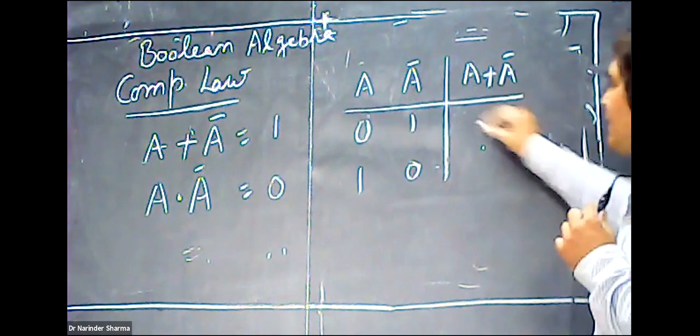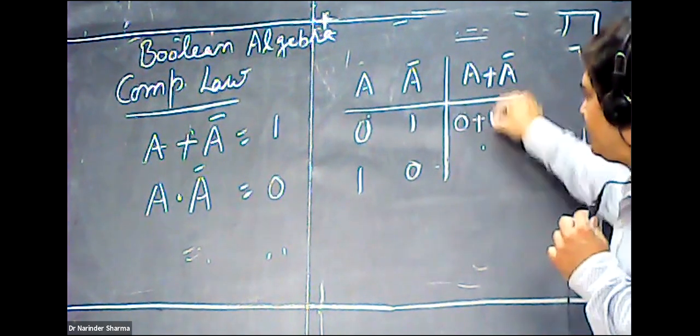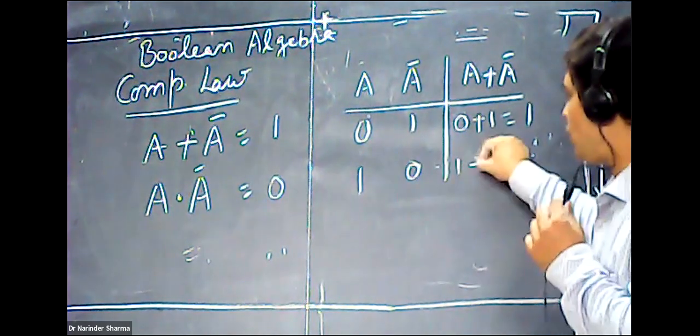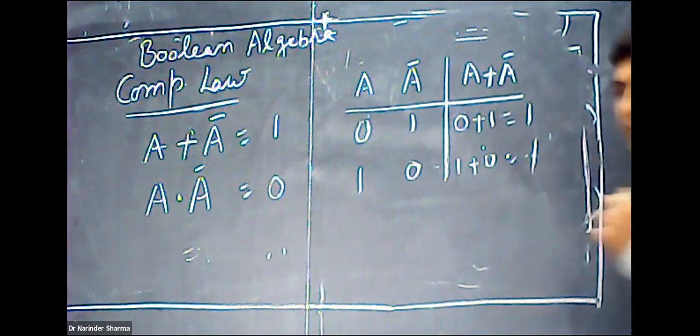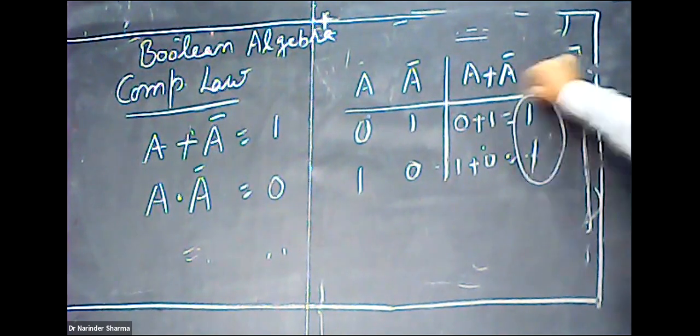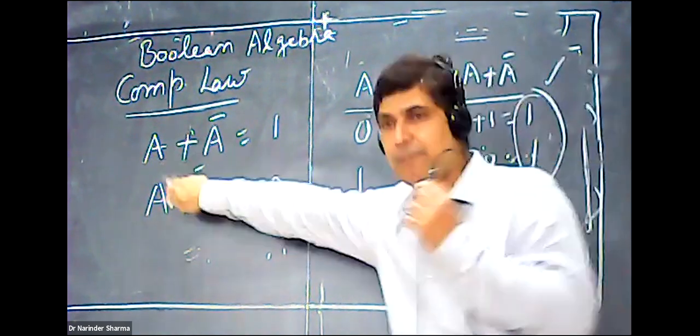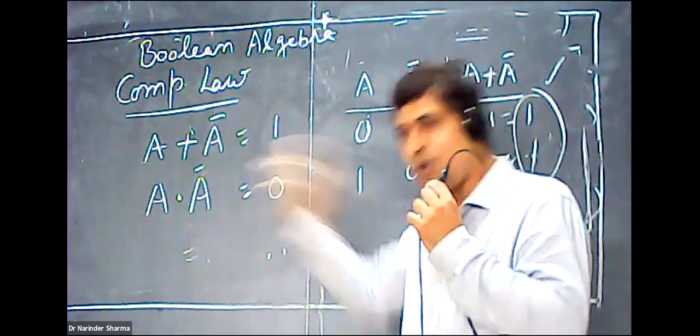So what about A plus A bar? This would be 0 plus 1, which equals 1. If I write 1 plus 0, that equals 1. So you can see in both cases, the output is 1. That's why A plus A bar is written as 1.